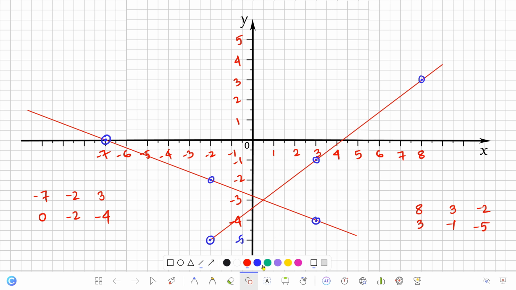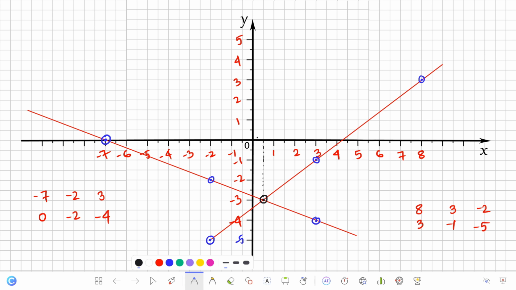Okay, and then how to find out the solution? We have to check the intersecting point, right? The intersecting point we are getting here, at this point. This is the intersecting point of the two straight lines. So from here I need to go to the x-axis to find out the value of x, which is between 0 and 1.